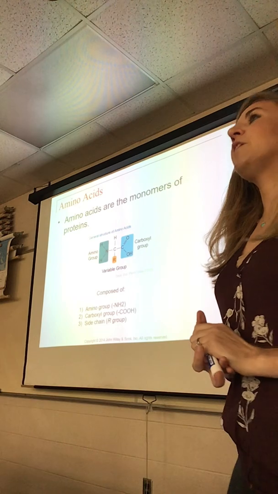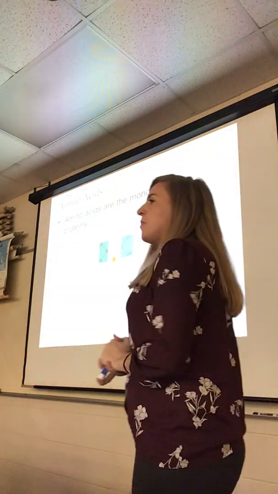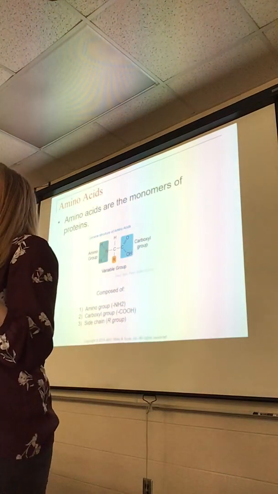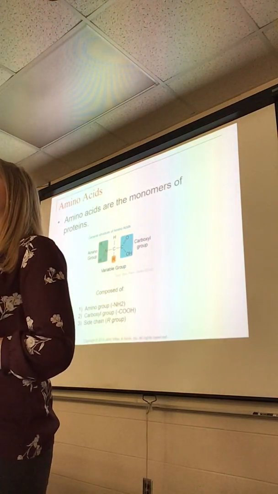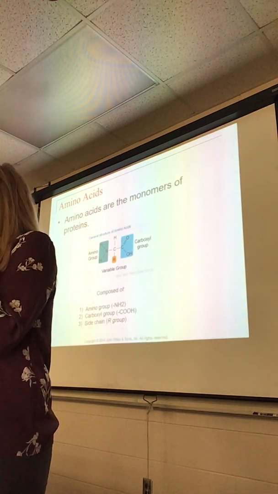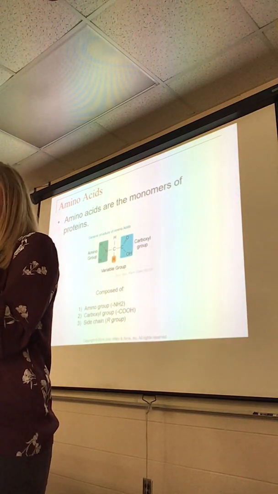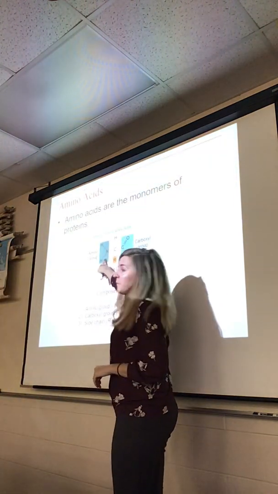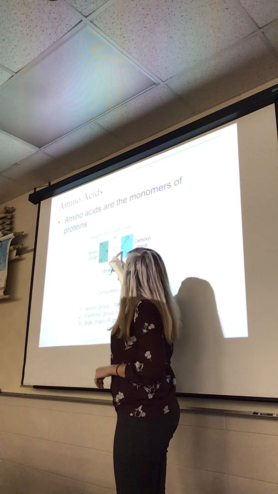Okay. Very important to recognize here. The name amino acid. What two functional groups do you think are in an amino acid that you just learned? Amino, right? And the carboxyl, the carboxylic acid, if you remember that. Do we recognize those? This is the amino. This is the carboxyl.